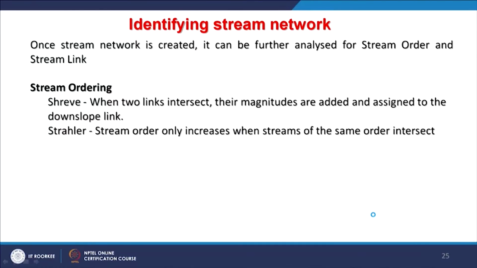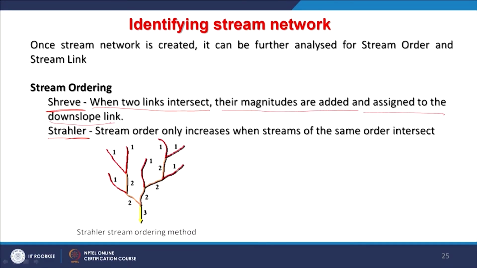Now, once the stream network is created, it can further be analyzed for stream order and stream links, which are again useful in some other modelings. So, stream ordering: Shreve method and Strahler method. Two methods are well established. In the first method, when two links intersect, their magnitudes are added and assigned to the downslope link, like here.